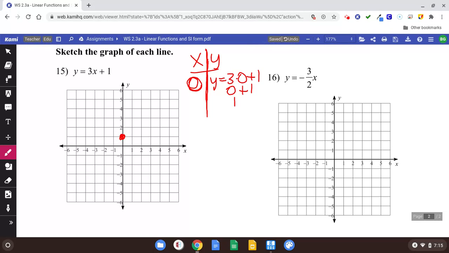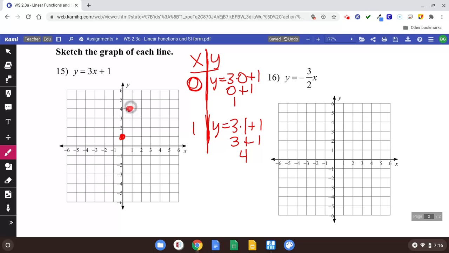Then let's do another one. The next easiest number to plug in is probably 1. So then y would equal 3 times 1 plus 1. So following your order of operations, 3 times 1 is 3, plus the 1 gives me 4. I've got the point 1, 4. x is 1, y is 4.